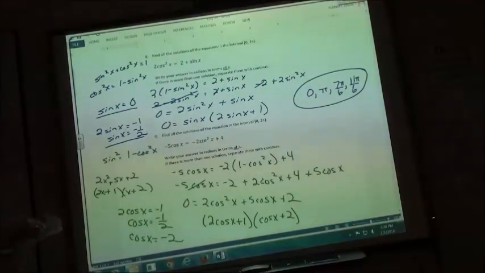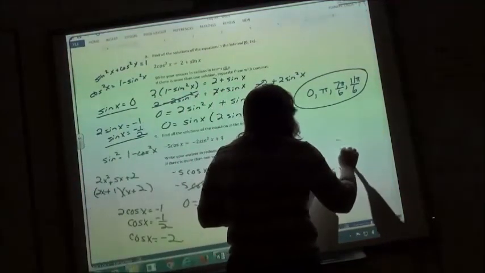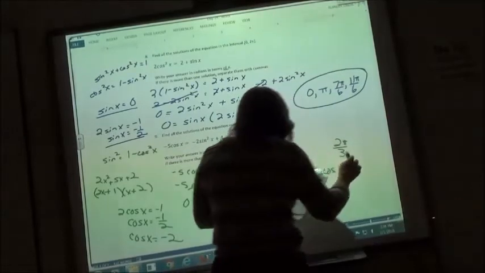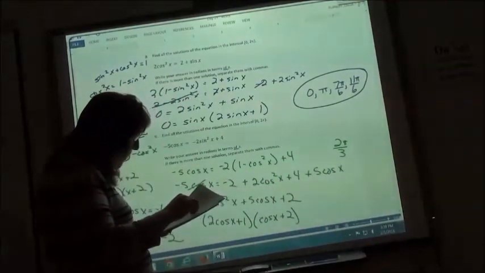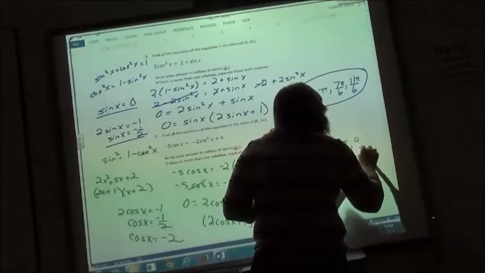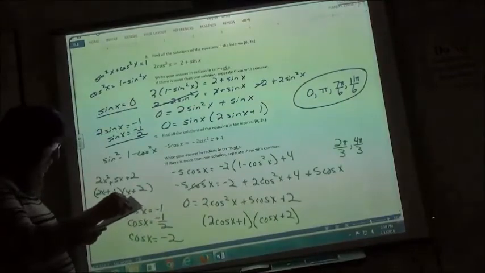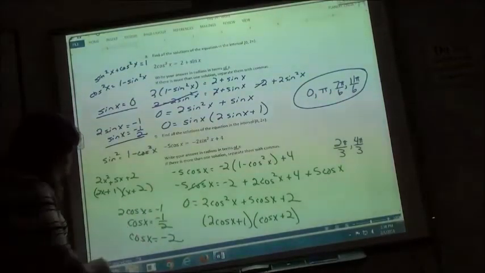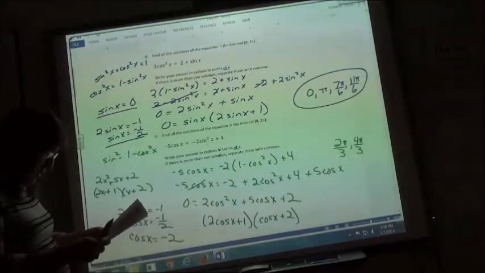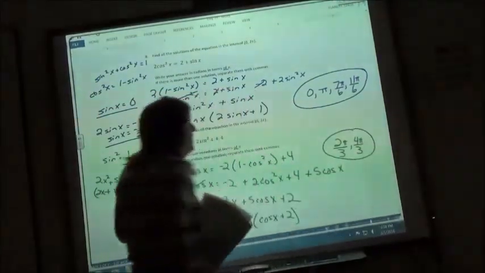So cosine of x equaling negative 1/2 would be at 2 pi over 3. Cosine of x equals negative 1/2 at 4 pi over 3. And if I look for cosine of x equals negative 2, there aren't any that equal negative 2. So I'm just going to have those two answers, 2 pi over 3 and 4 pi over 3.